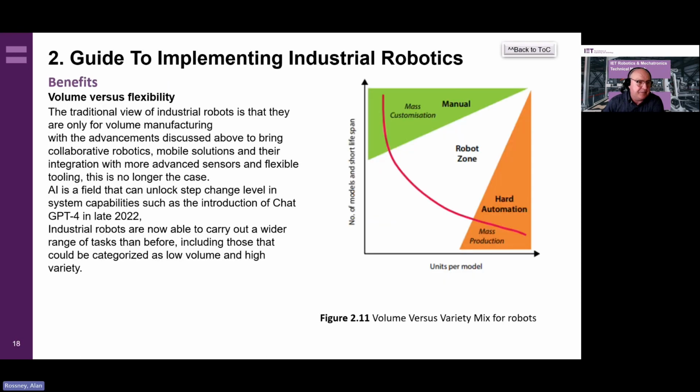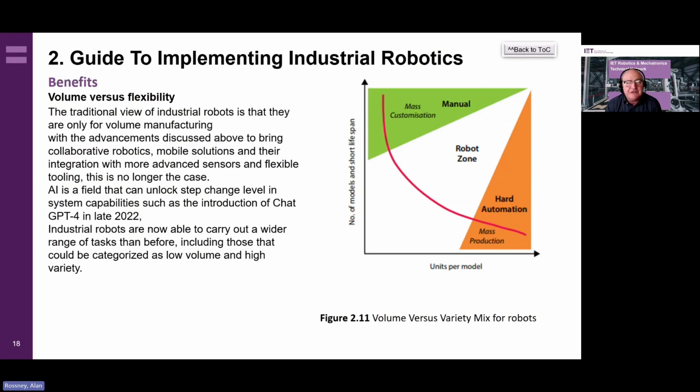So just in terms of benefits then, the traditional view of industrial robots is that they are only for high volume manufacture. With the advancements discussed though, you can bring in collaborative robots, mobile solutions, and their integration with more advanced sensors and flexible tooling. This isn't the case anymore.